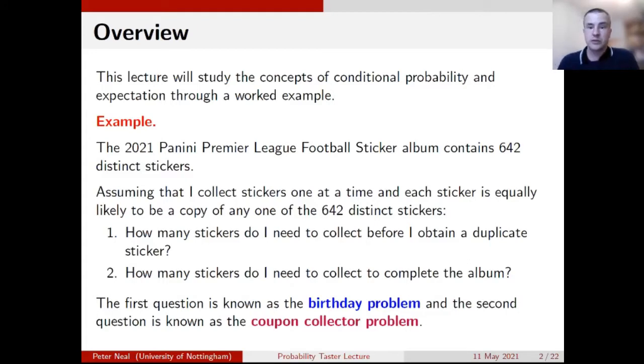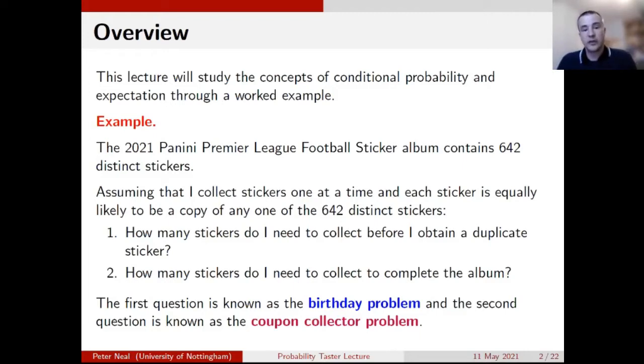These two questions have names. The first one is known as the birthday problem and is often framed as: what's the chance of having two people share a birthday in a group of a certain size? The second question is known as the coupon collector problem.